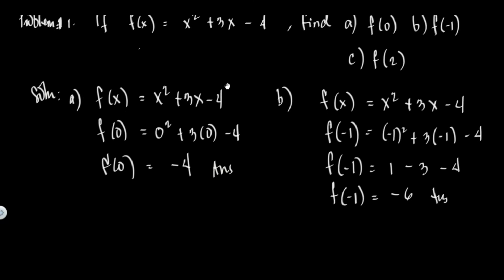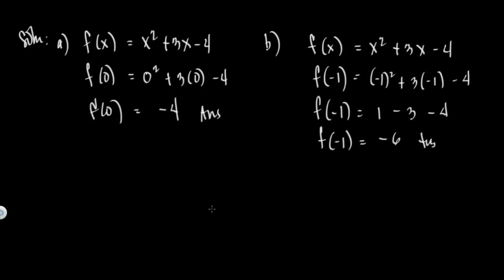Okay? F of 2 for letter C. F of 2. Okay, C, f of 2 is equal to x squared. Copy muna pala, no? So, we have here f of x is equal to x squared plus 3x minus 4.